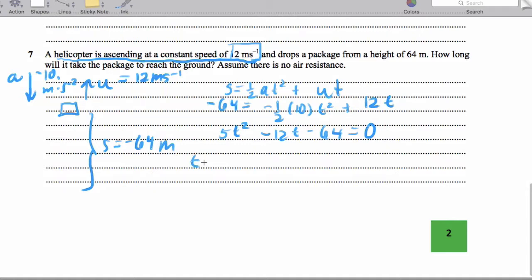So to get the time, T is 12 plus or minus the square root of 144 minus 20 times -64, all over 10. And it's up to us to actually solve out this quadratic formula, which I'm going to do when I get my calculator.